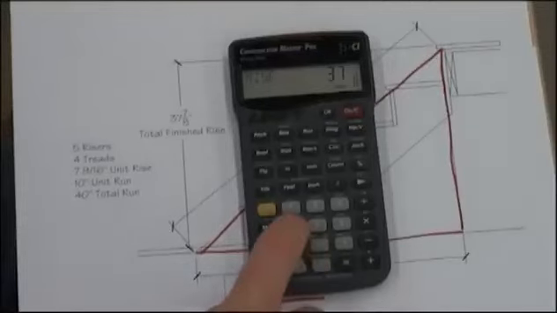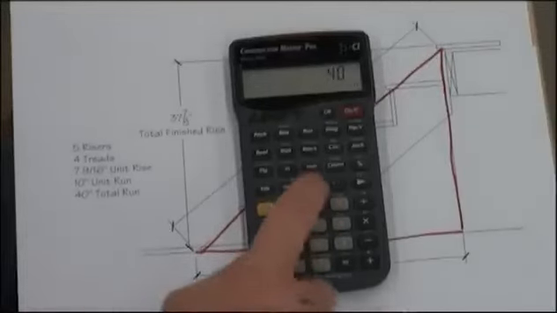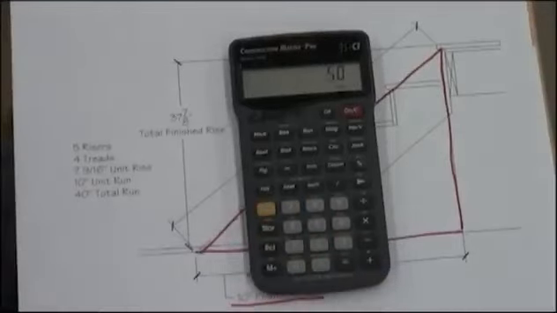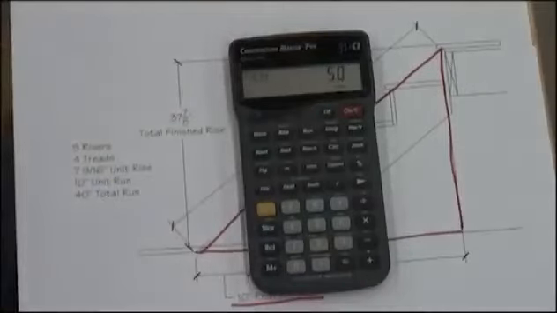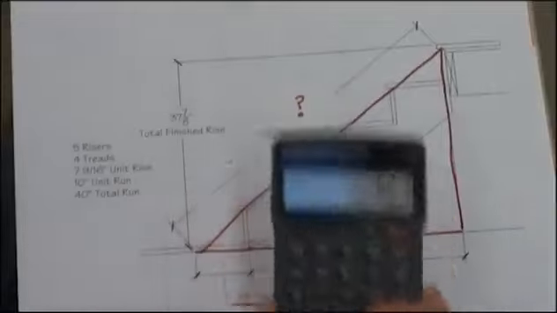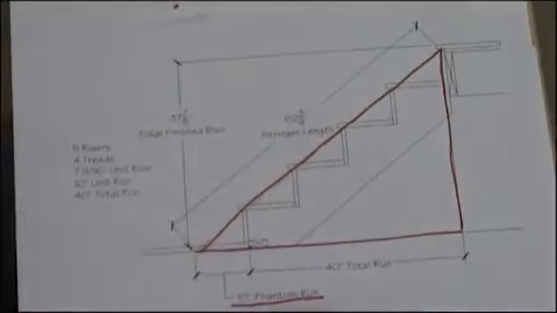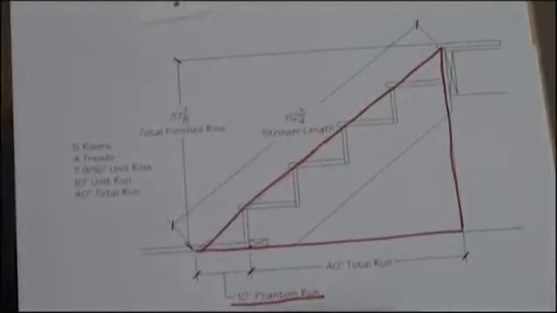We can do that mathematically. 40 inches plus our phantom run of 10 inches equals 50 inches. And then tell our calculator that is our run. Now all we have to do is ask the calculator what our diagonal is. In this case, our diagonal is 62 3/4 of an inch. That is our stringer length, 62 3/4.